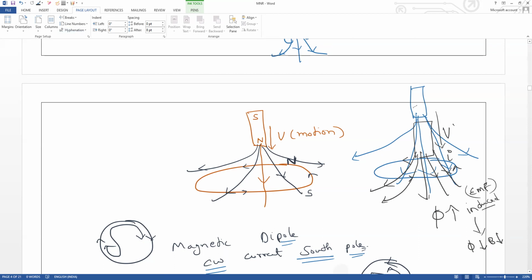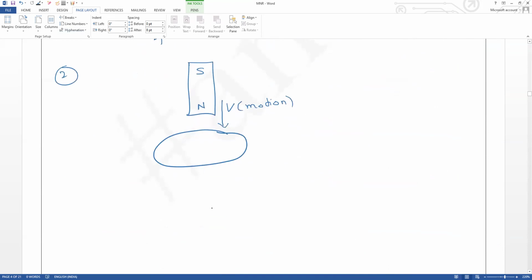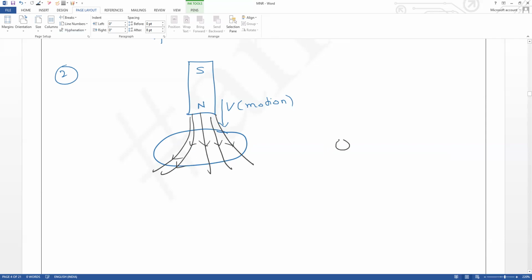The same thing now I am asking here. What is going to happen now? The magnet with the north pole is coming with velocity V. If it is coming closer, the number of field lines increases or decreases?